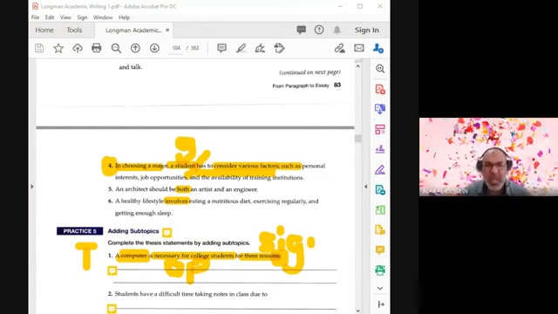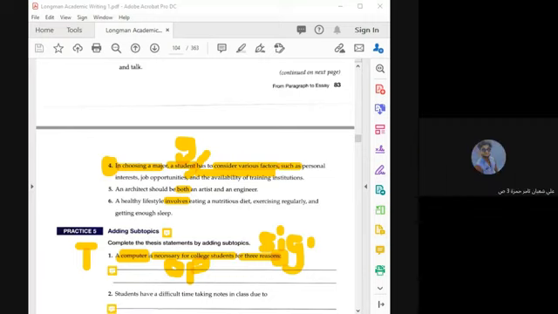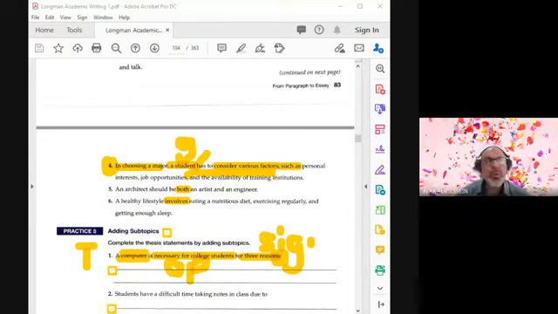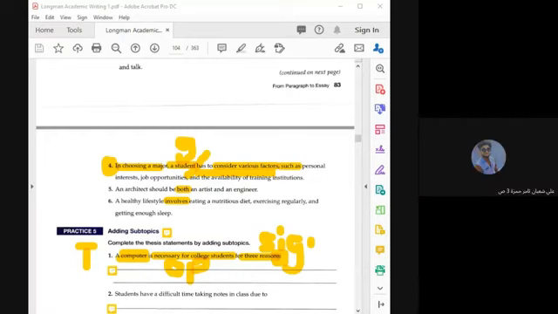Supporting sentences وين نلقاها؟ After the main idea, supporting the main idea. Where exactly in the essay? يعني, where could we find the supporting sentences in the essay? In the body of the essay.